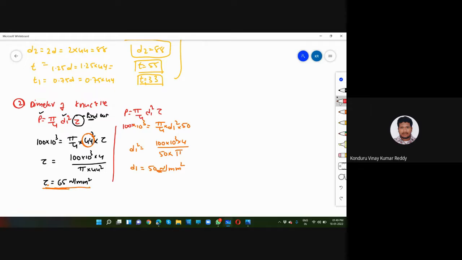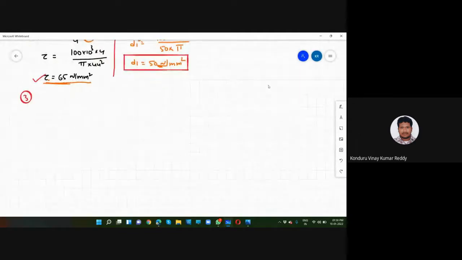According to your comfort, you can solve up to here and continue for the third point, or find the given answer and then go for step number 3. You can follow either of those processes. Next, step number 3.